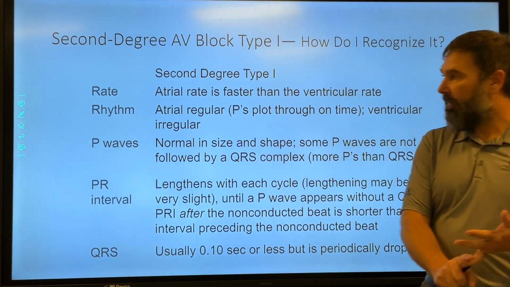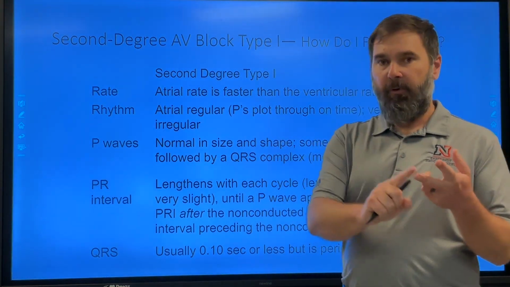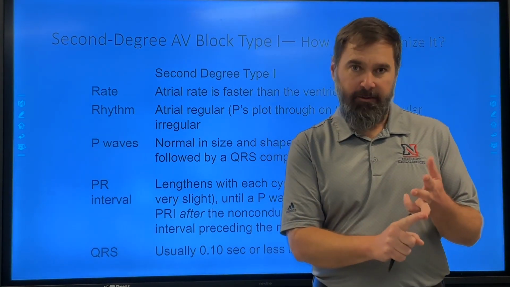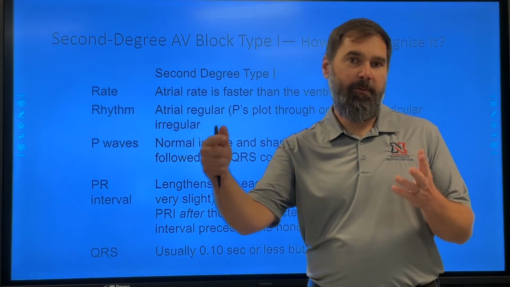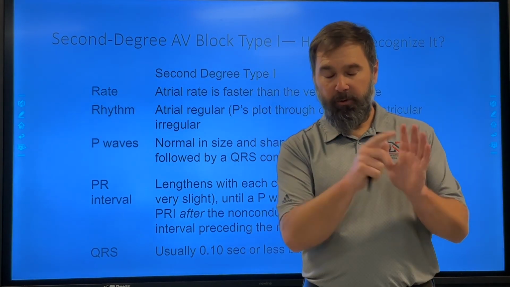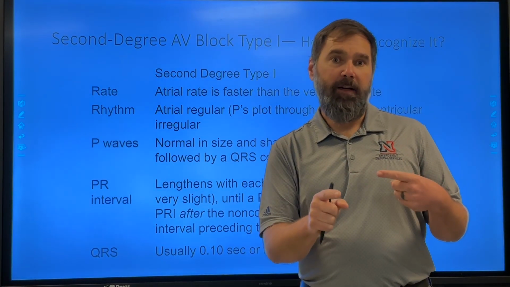So, second degree AV block, type 1. Normal P waves, rhythm's irregular because of the dropped QRS complexes. PRI increases, and it increases until we drop a beat. But look at that PRI length. When you're looking, do you have P waves, yes or no? Do you have one P wave for every QRS, yes or no?